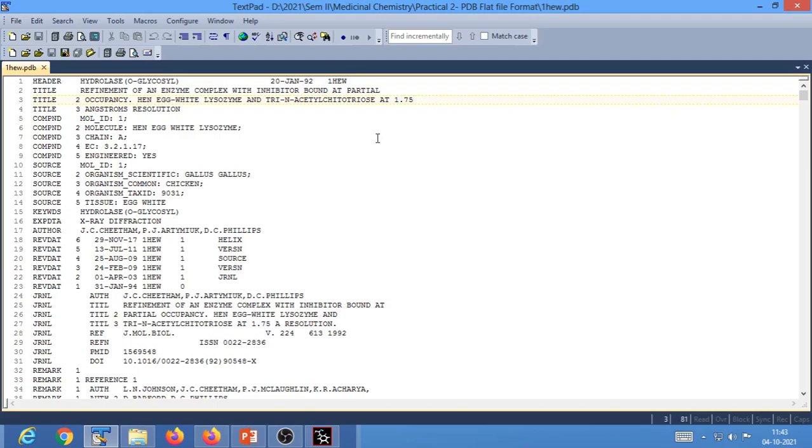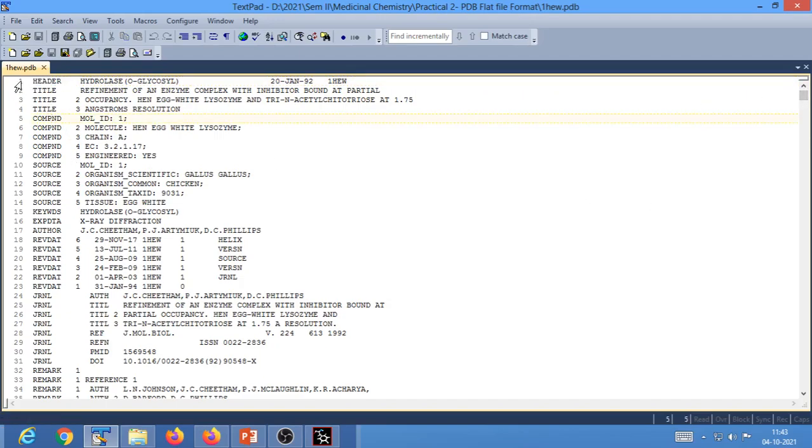In each and every PDB file, the structural data is arranged in lines, and each line begins with a specific keyword. So your PDB file contains various keywords arranged on separate lines or rows. How many lines are there in this particular PDB file?